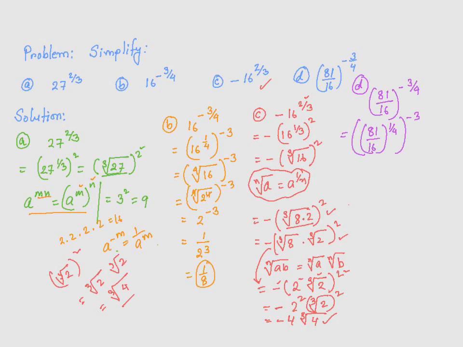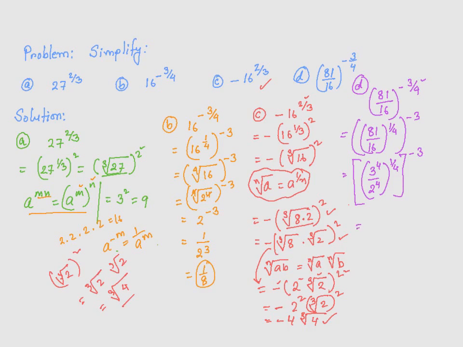If you multiply 1/4 by negative 3, you're going to get negative 3/4. Now 81, by the way, is 3 to the power 4, and 16, by the way, is 2 to the power 4, and the whole thing raised to the power 1/4, and again all of it raised to the power negative 3. Then I can simplify it further.